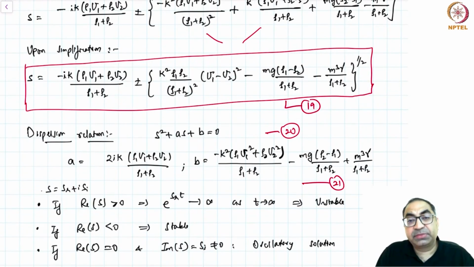That is, the exact solution is equation 19. But as you can see, equation 19 is too cumbersome. It's difficult to extract necessary insights where we can highlight the role of each and every force, each and every term in the problem.